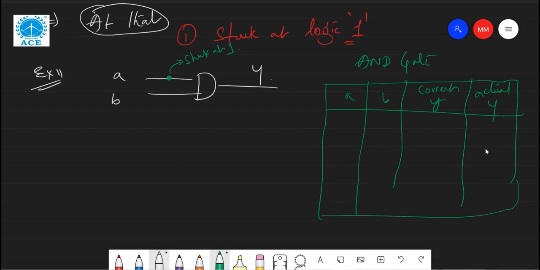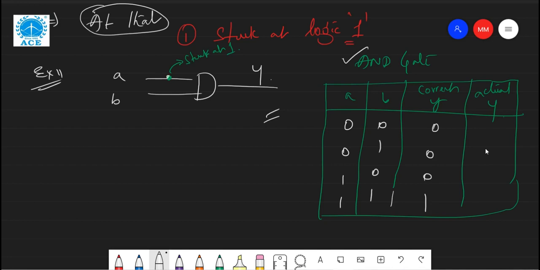So see, for the AND gate, what are the inputs we have? 0 0 1 1 0 1 0 1. Okay, so the general output, what is that? 0 0 0 1 for AND gate, right? So the actual output for this circuit, see, it is stuck at 1.